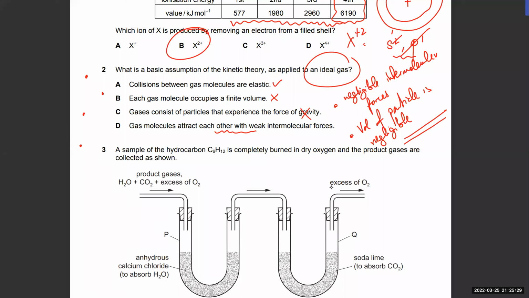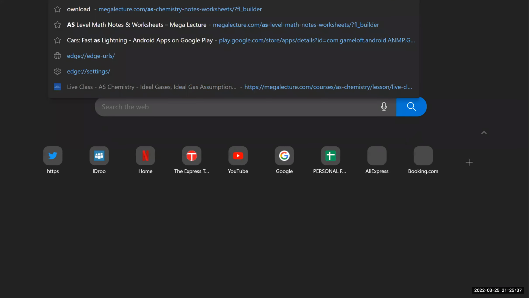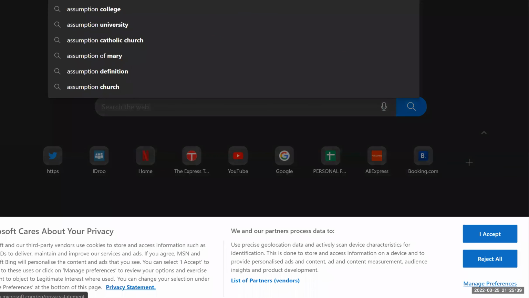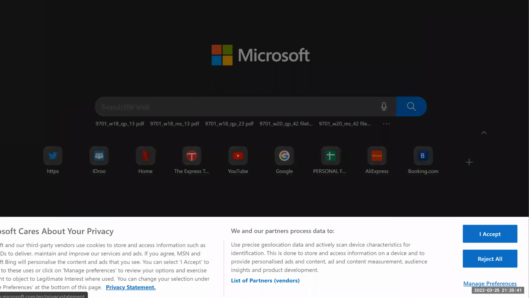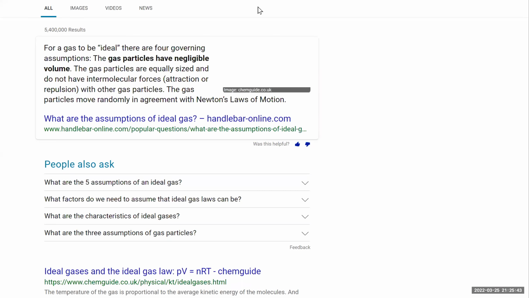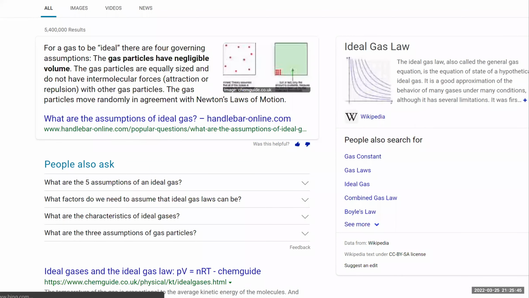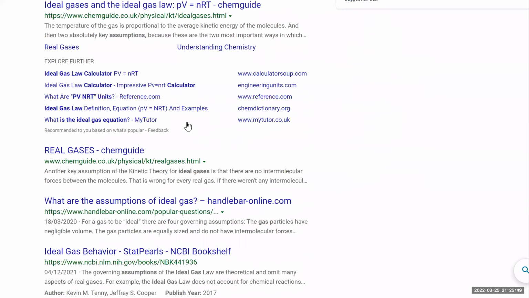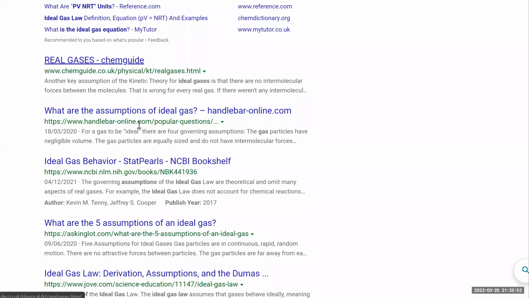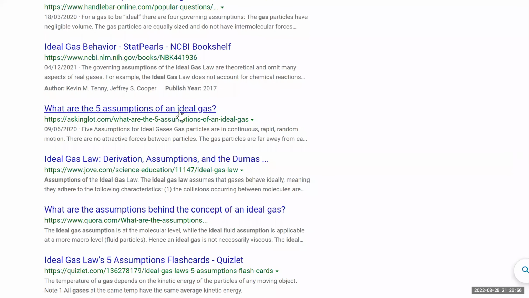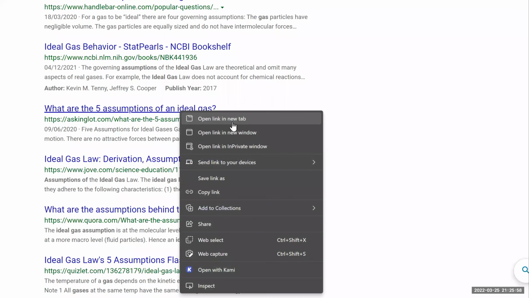Then there were a lot of smaller assumptions that were not the basic assumptions. If I Google it, the assumptions of ideal gases will come up, including elastic collisions and temperature. So let's open it.